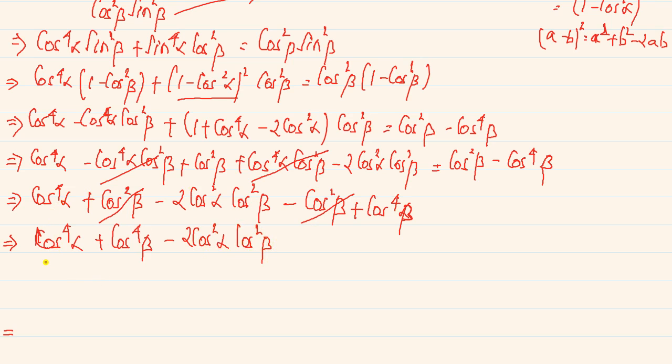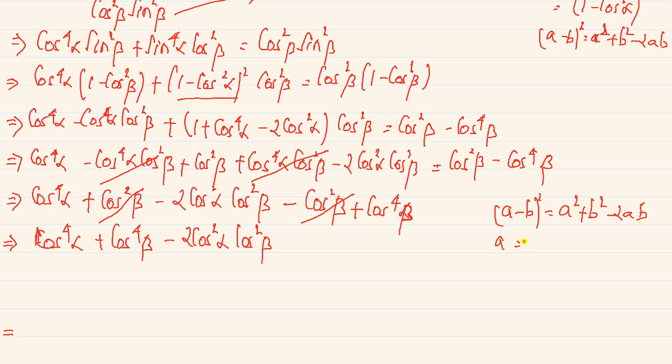So this is in the format of a square plus b square minus 2ab. So we know a minus b whole square is equal to a square plus b square minus 2ab.